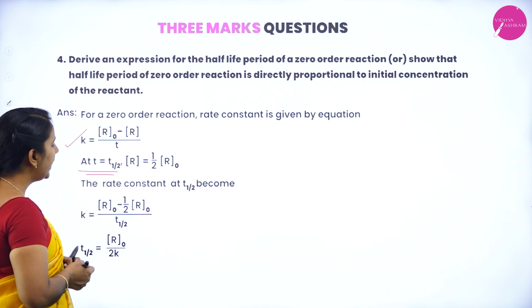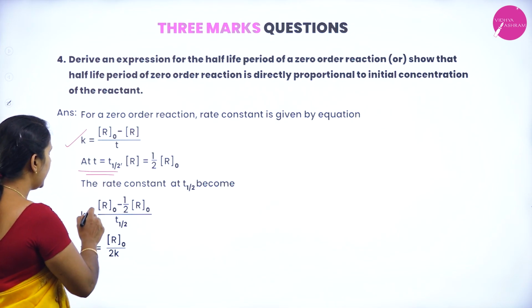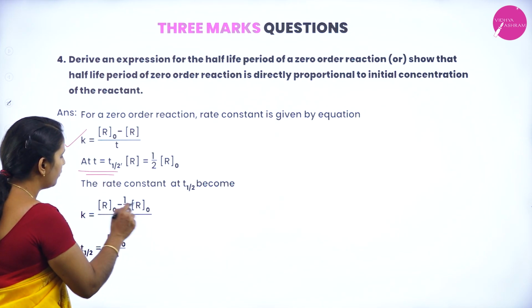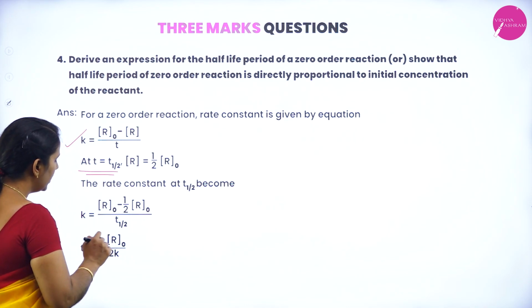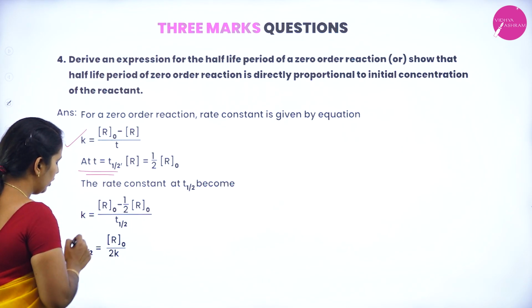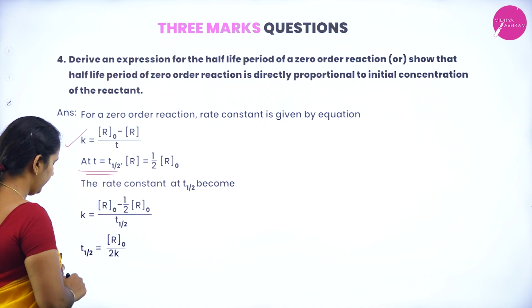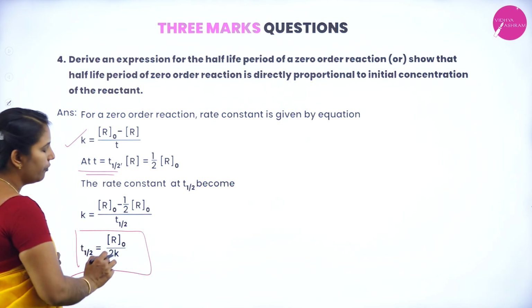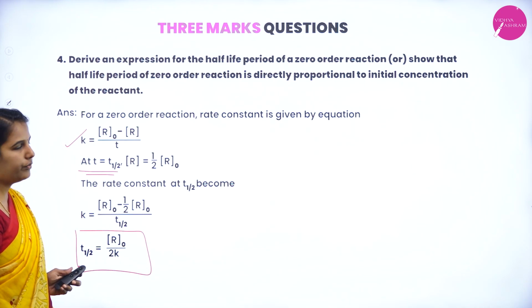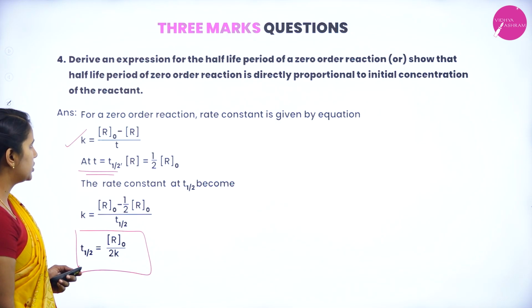So K is equal to R0 minus half of R0, divided by T half, so I can take R0 as a constant. So T half is equal to R0 divided by 2K, when multiplied. So this is the final equation which I got for the zero order reaction.